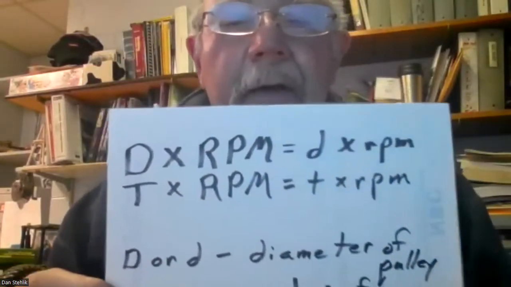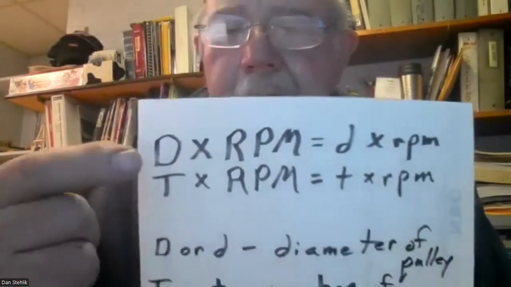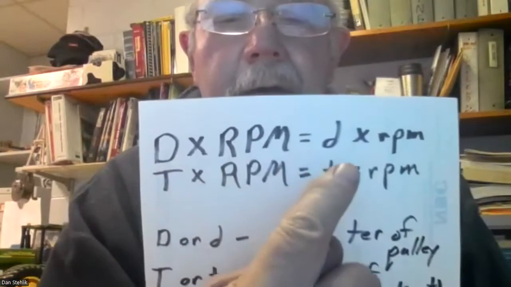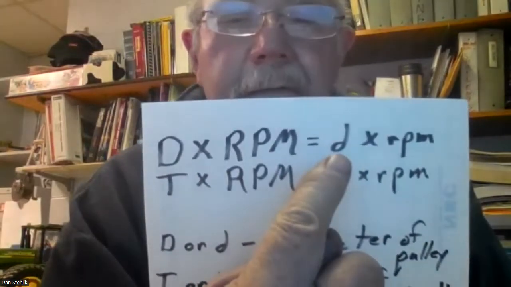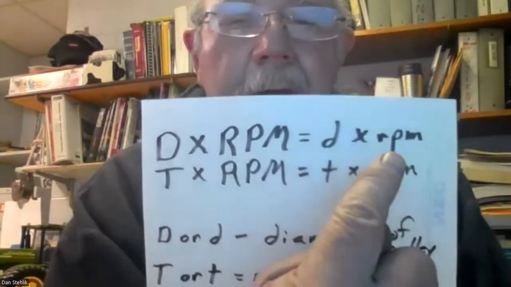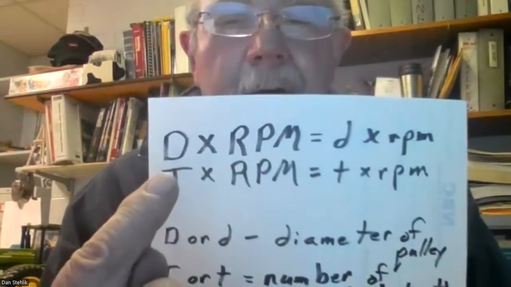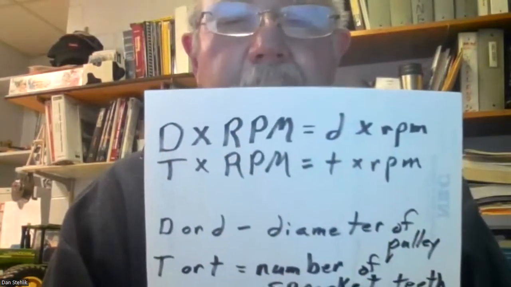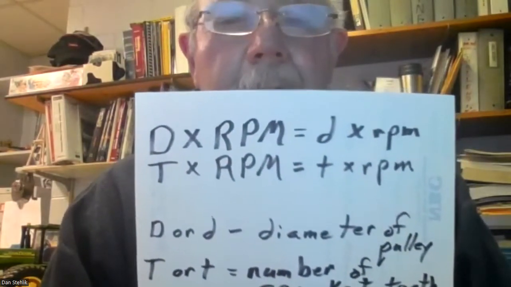Okay. But anyway, on pulleys, the diameter of the pulley times the speed will equal the diameter of the next pulley times its speed. And it's just pretty much simple algebra. If you know 3, you can find the 4th missing number.